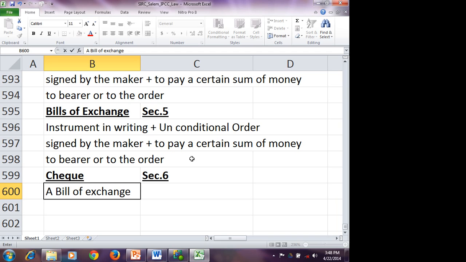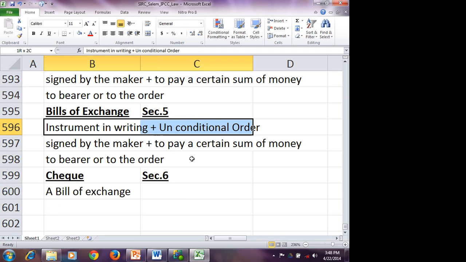A check is a bill of exchange, which means all these have to apply here. It's an unconditional instrument in writing, an unconditional order signed by the maker to pay a certain sum of money only. Everything comes here.